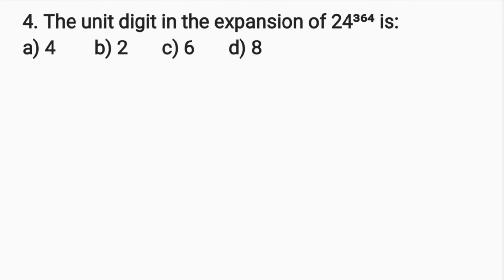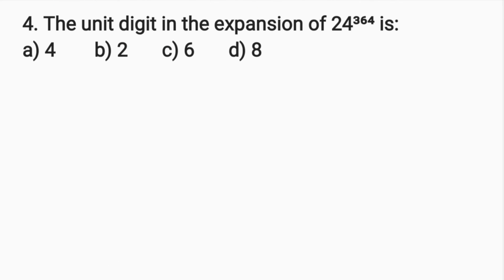Now we have this fourth part, unit digit in the expansion of this. Now what is the unit digit? It is 4. And you know what rule I told you when we have 4? If power is even, we square it. In this case, power is even, we will square it, and it is 16.